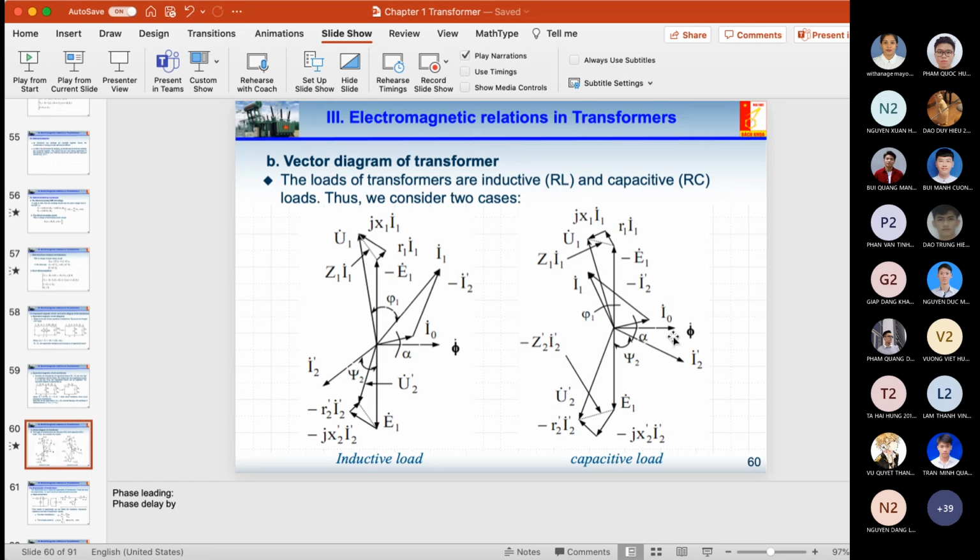Of course, in the midterm exam or the final exam, I will remove this one, and then I will show you a question like this and ask, thanks to this figure on the left-hand side of the slide, can you please tell me whether the transformer is connecting to the inductive, capacitive, or resistive load? If you understand the theory very well, it is very easy for you to select the best answer right away.